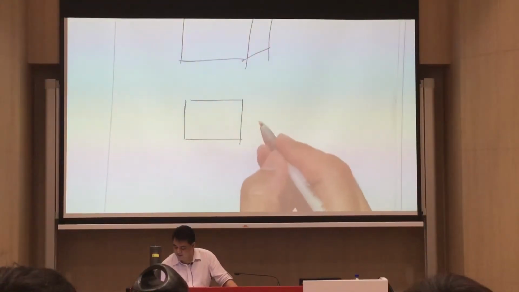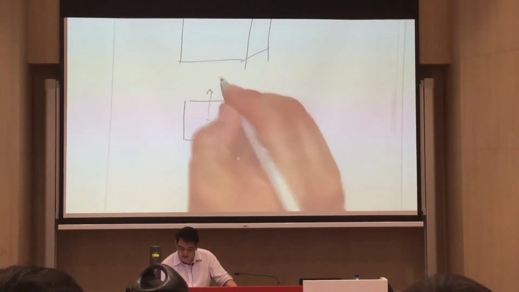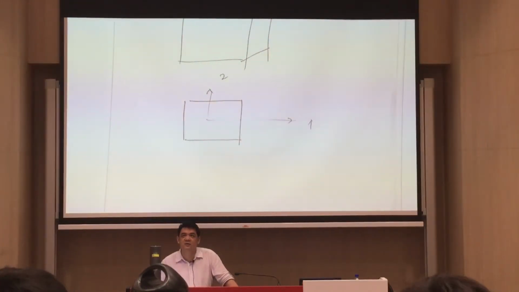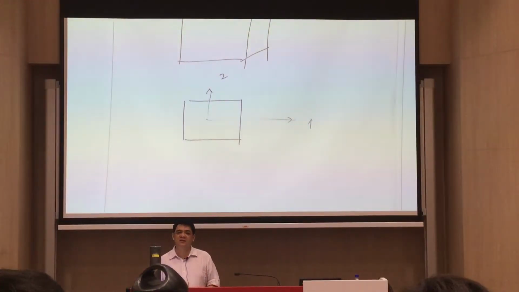And then say, for example, this is your axis 1, and then you have your axis 2. And then, let's put in the different stresses that are acting on this one.